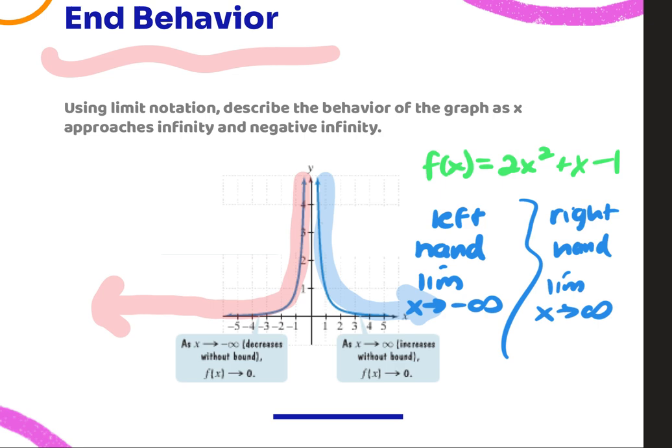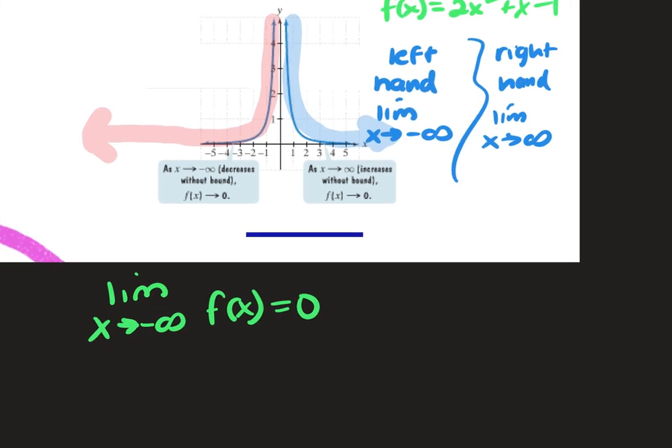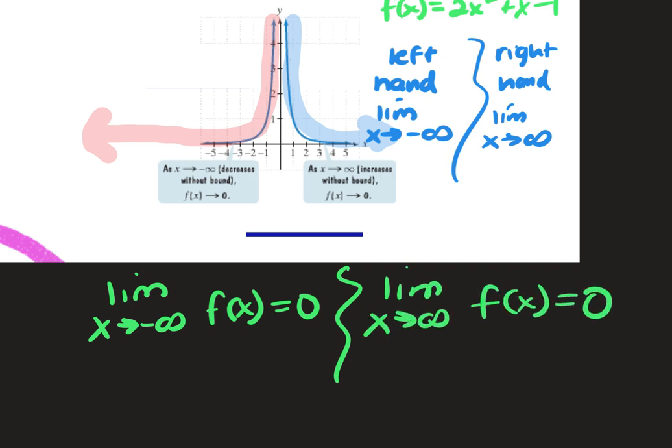So the way we would describe this, if it asks for the end behavior of this specific graph, the notation would be: the limit as x goes to negative infinity, f of x equals 0, and the limit as x goes to positive infinity, f of x also equals 0. So on both sides, my graph is approaching the x-axis, but never touching it, getting as close as you possibly can to it.